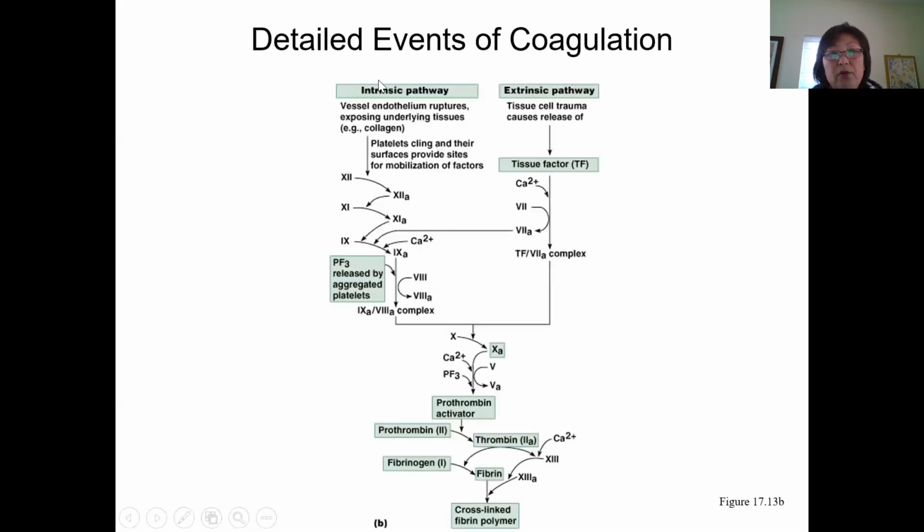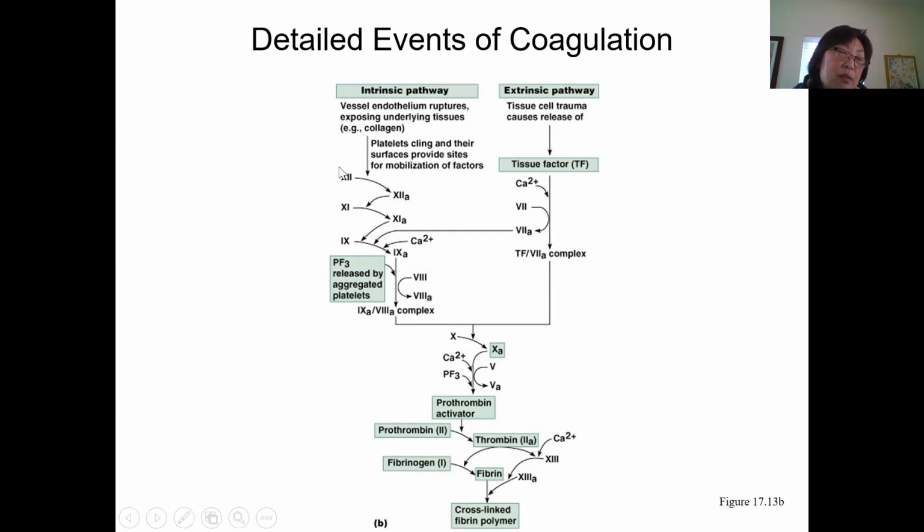Okay, so if you look at the intrinsic on this side and the extrinsic on this side, there are clotting factors or clotting proteins involved. There are 13 different clotting proteins. They're all made in the liver, okay? Normally they're in the circulation and stay inactive, all right?